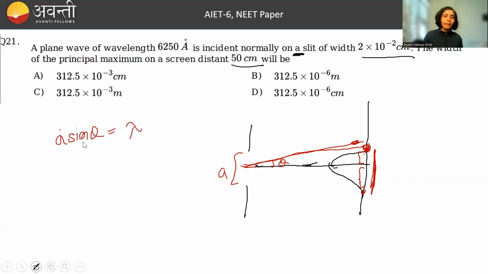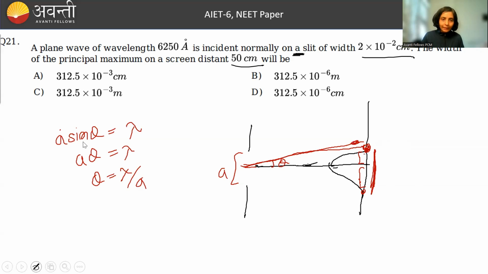Generally this is a sine theta equal to n lambda, and for first minima n is 1. So if nothing is given in the question, we will assume that this theta is very small. Done. So sine theta will become equal to theta, and a theta equal to lambda.